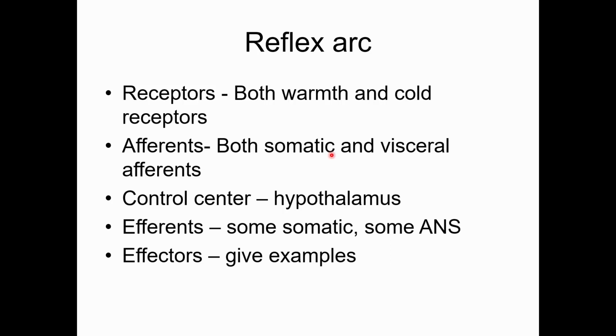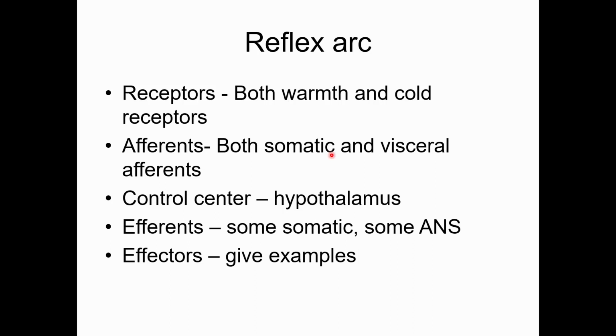Then a reflex response is going to occur through efferents. Some of those are somatic, so somatic efferents would perhaps go to the skeletal muscle so that you would shiver. Some would go to the adrenal medulla, so you release epinephrine. Those would be autonomic efferents.